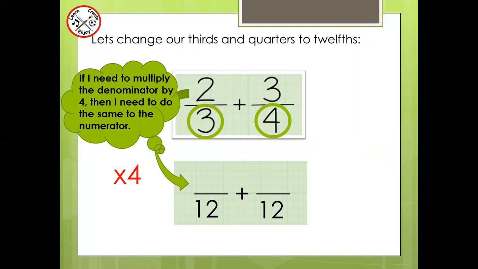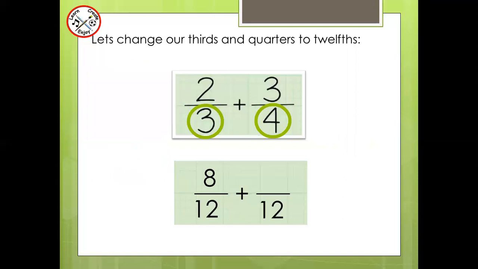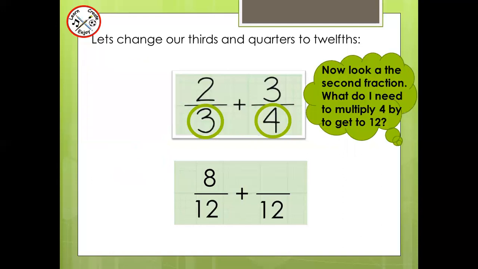So I do the same to the numerator. 2 times 4 is 8. This is all about finding equivalent fractions, which we have done lots of and you know really well. So 2/3 is equivalent to 8/12. That fraction is now done. My apples have now been changed into fruit. We've got 8/12.